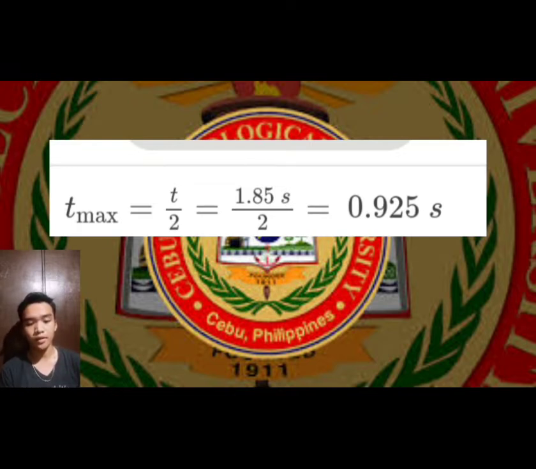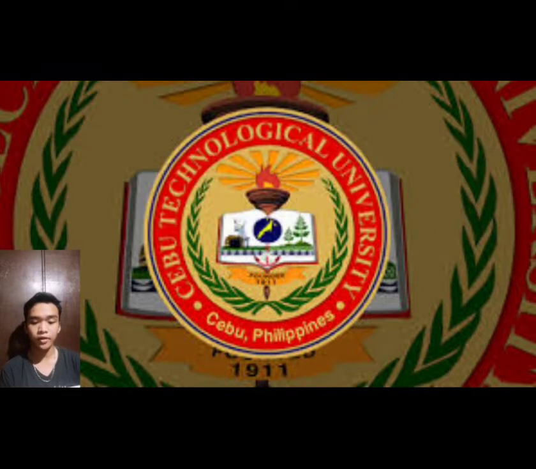So we have the T max equals time over 2, and our time is 1.85 seconds divided by 2. So the result is equal to 0.925 seconds. Thus, the time traveled by the ball as it reaches its maximum height is 0.925 seconds.